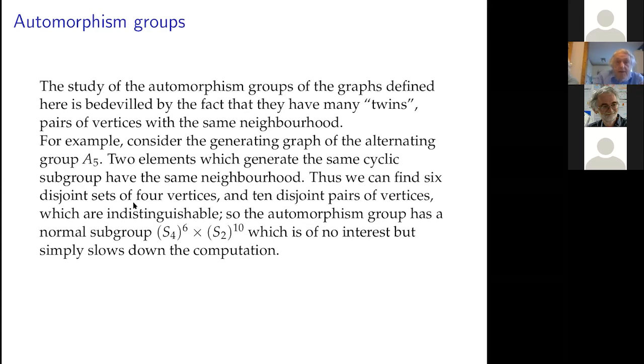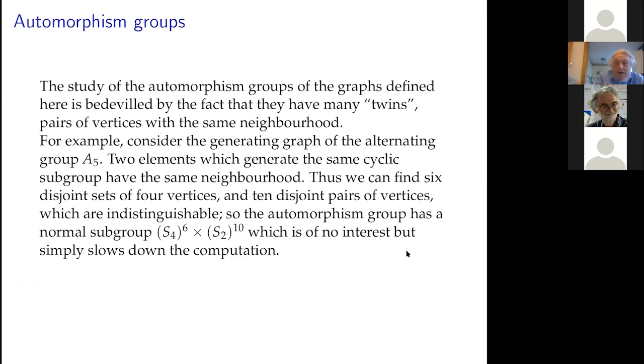And you get 6 disjoint sets of 4 vertices like that, and 10 disjoint pairs of vertices from the elements of order 3, and they're completely indistinguishable in the graph. So we've got this normal subgroup S4 to the 6th times S2 to the 10th, rather large, of absolutely no interest whatever, but it slows down the computation.